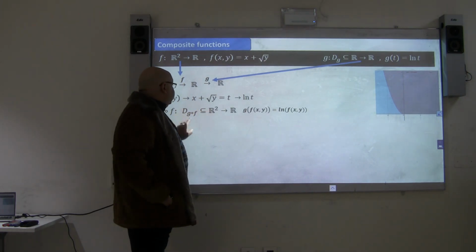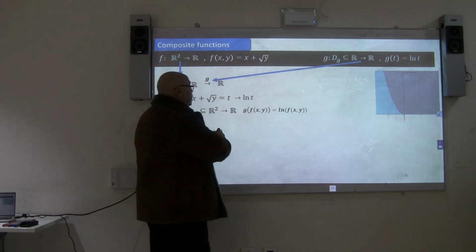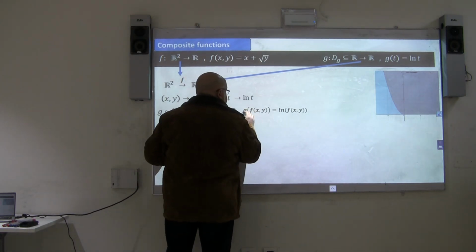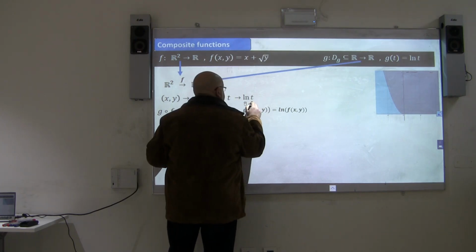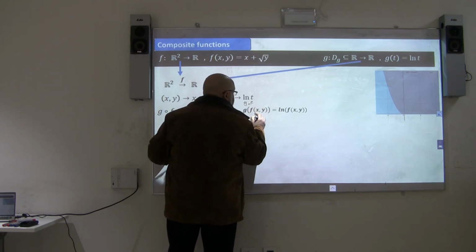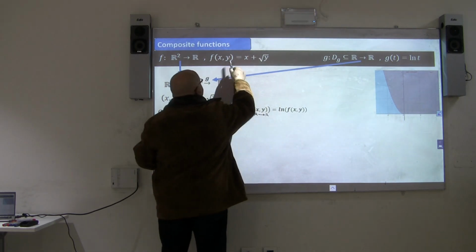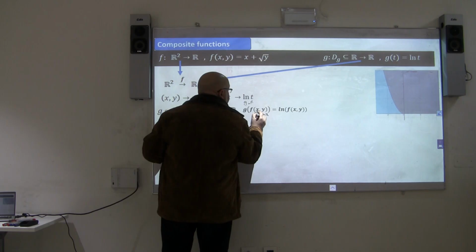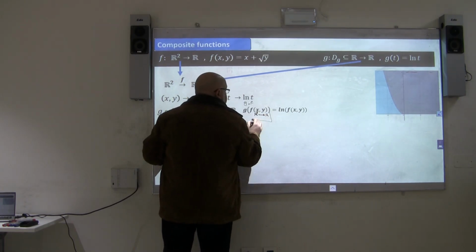If I want to do this, look at G as a function in f of x, which means G composite f. Let's look at this function. It's running from R into R. Am I right? No, I'm not right. This is from R2 into R. And then I will look at the outer function.